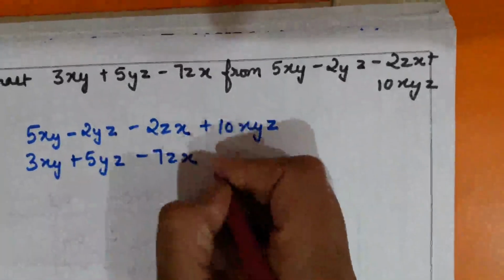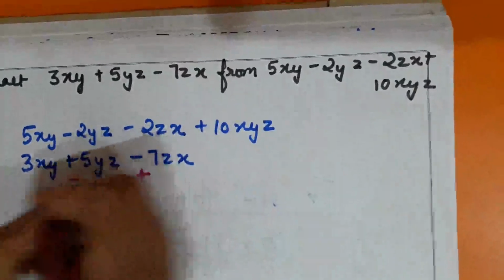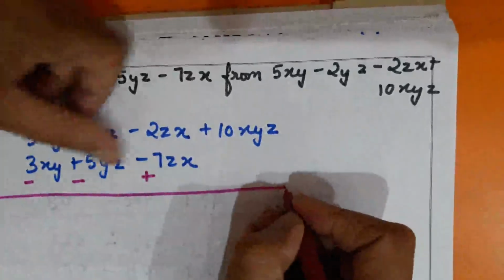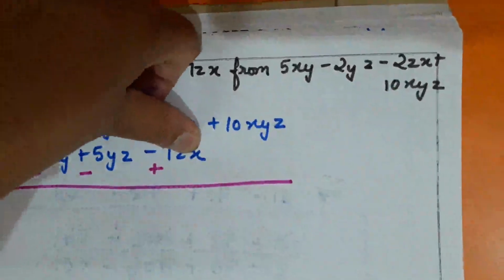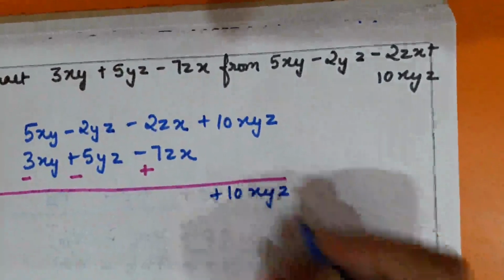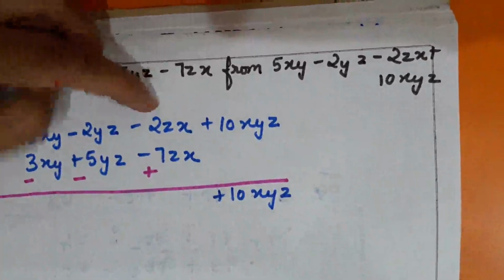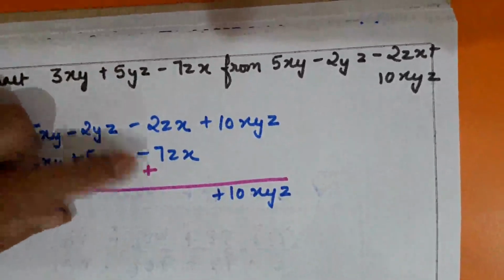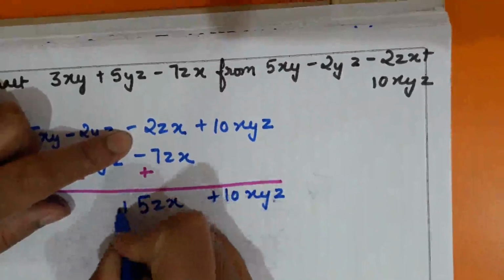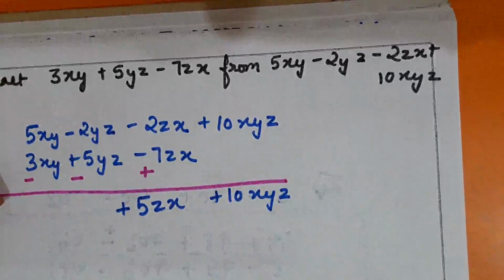Okay, now we have to change the sign. Minus converts into plus, plus converts into minus, and this plus converts into minus. Now these signs no matter, we are going to use the new signs. So this plus 10xyz will be the same because we have nothing in the other expression. Minus 2zx plus 7zx gives you 5zx, positive, because 7 has a positive sign here.